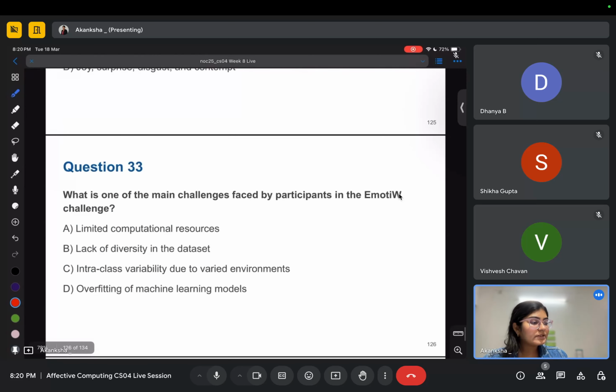Then one of the main challenges faced by EMOTIC. EMOTIC is an in the wild challenge. In the wild means it is not collected in a setup, in a laboratory setting. It's more randomized. So randomized datasets always have more diversity and more variance.